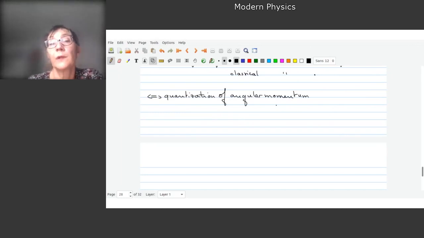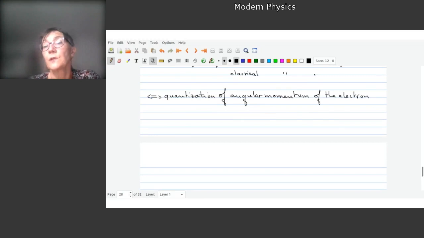Meaning that the angular momentum cannot have any value; it has very well-defined values, in the same way that a photon doesn't have any energy value. You take some light beam, and the energy at each second that you can measure is an integer number of hf. So this applies to the angular momentum of the electron.